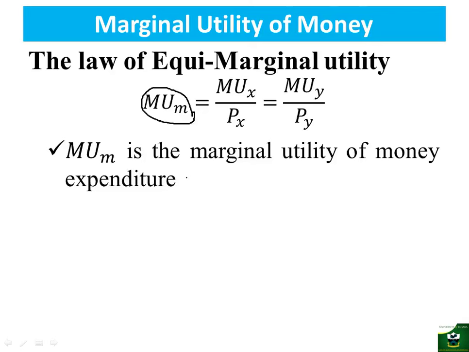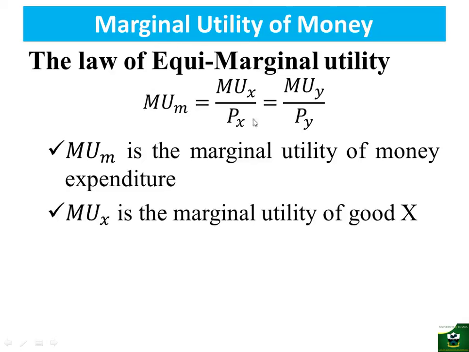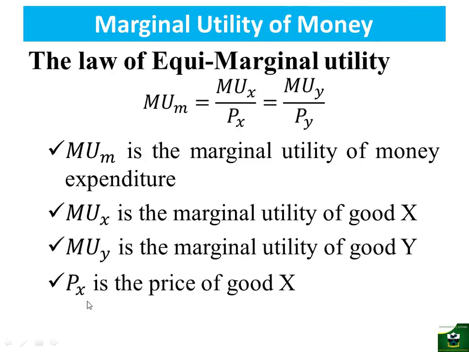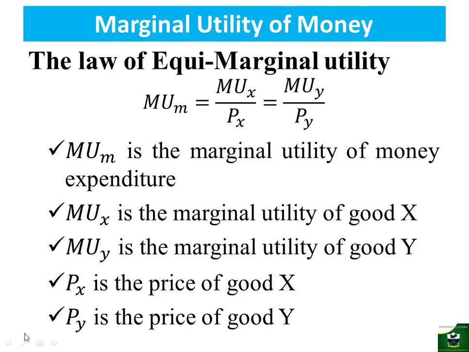Then the other one is the MUX, which is the marginal utility of good X. The PX is the price of good X, the MUY is the marginal utility of good Y, and the PY is the price of good Y. Once we have all these details, it will be easier for us to determine consumer equilibrium.